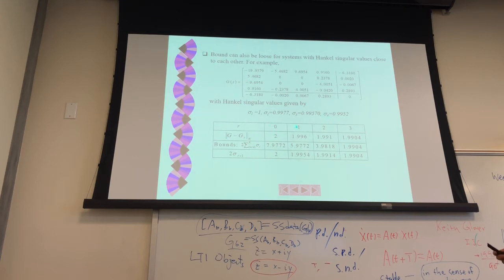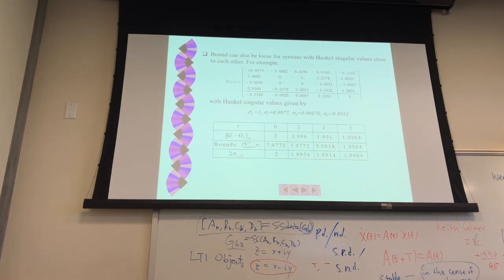So when R is 1, I truncate 2, 3, 4. When R is 2, I truncate 3, 4. And when R is 3, I truncate the last one. And at 0, I don't truncate anything. I cannot truncate 4, right?